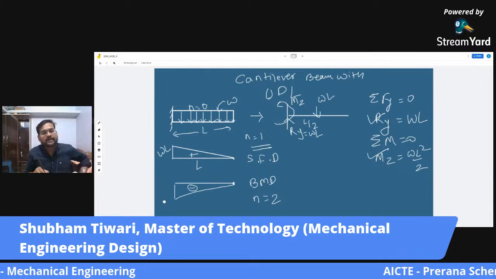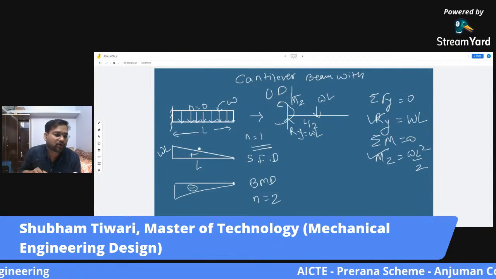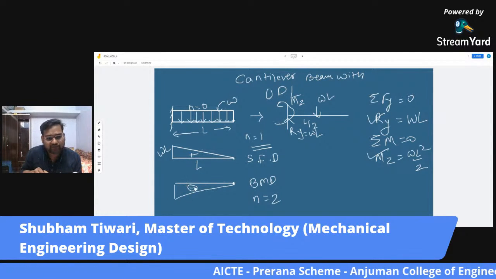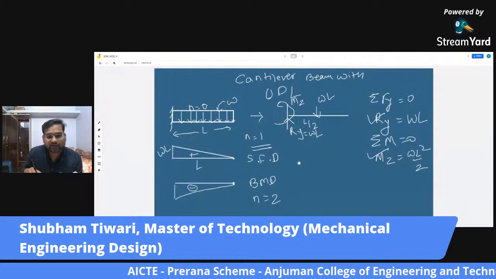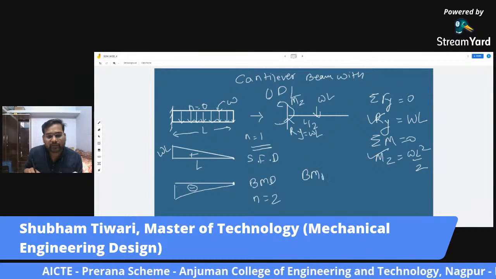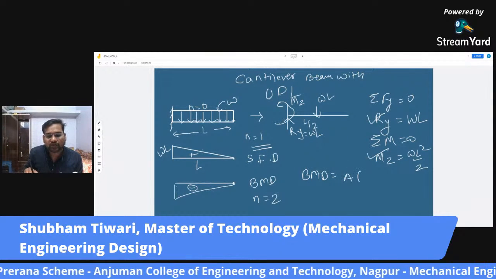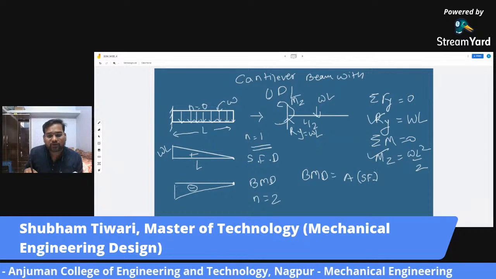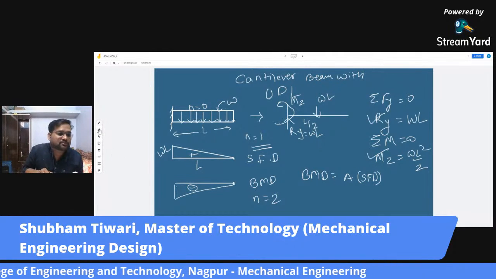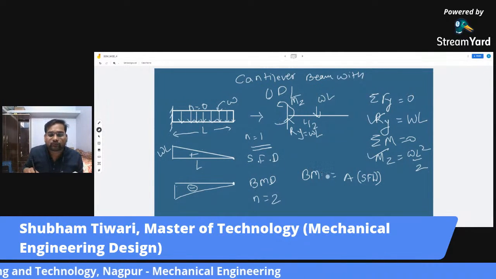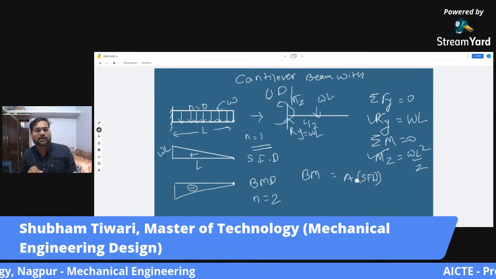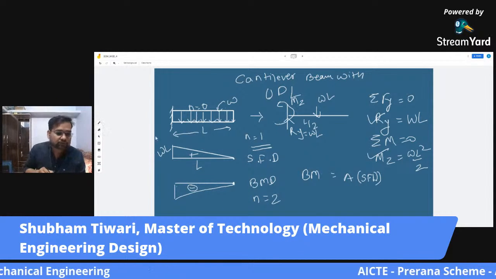Now what is the magnitude of this bending moment? It is important. The magnitude of the bending moment is equal to the area of the shear force diagram.